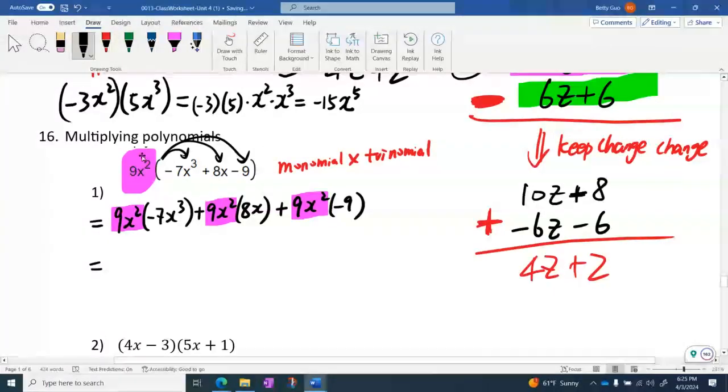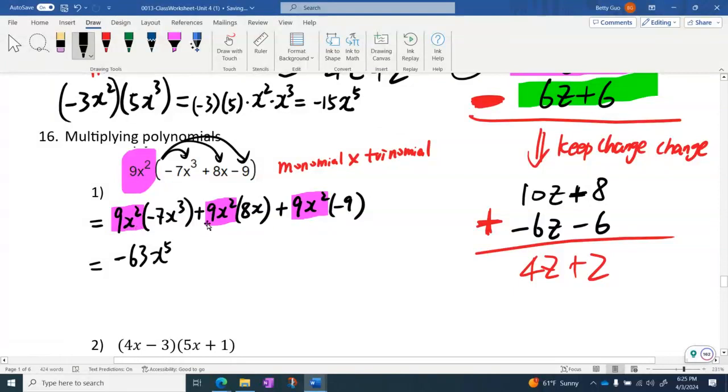Remember, multiply their corresponding parts. Let's deal with the numerical part first. 9 times -7. Please don't get a 2. We are not subtracting. 9 multiplied by -7, negative 63. And then x squared times x cubed, x to the fifth.